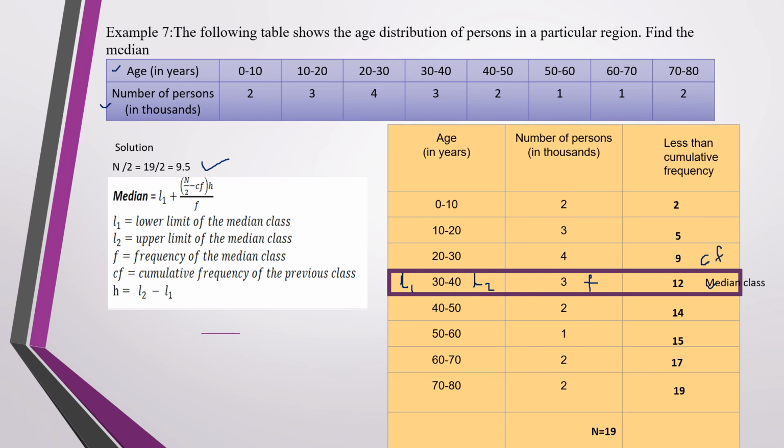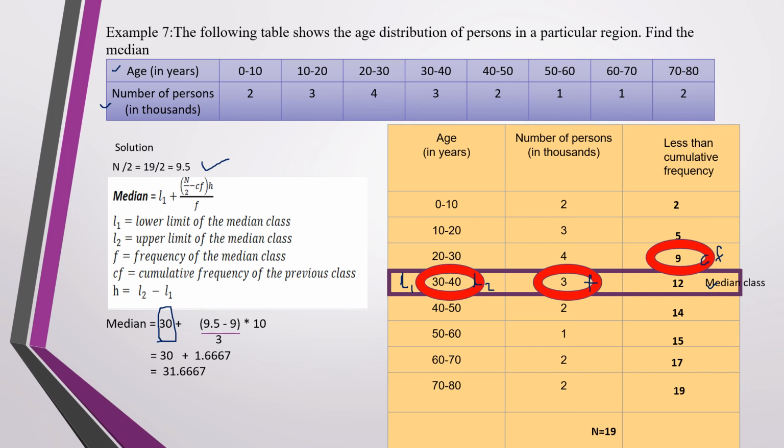We have all the values we need here: L1, L2, F and CF. Substituting the values in the formula, we get 30 plus. Add this 30 at the last. Division is not there for this 30. First calculate the remaining value and then add. So we get 31.6667.